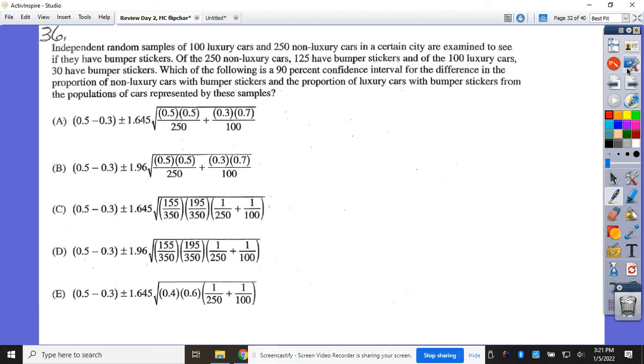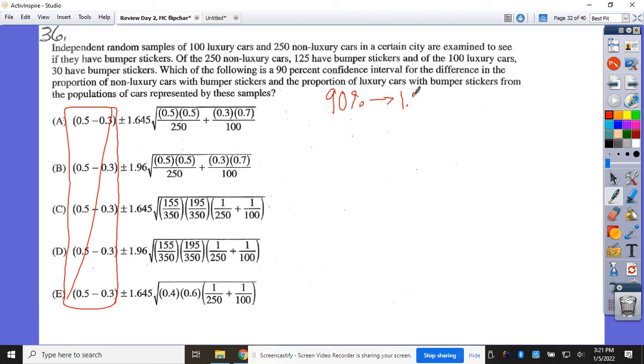What about all this part? This is identical. What do I know about all those? They're the same, so don't look at it. These numbers should trigger something. 90%. If it is 90%, I use what? If it is, what's my other one?